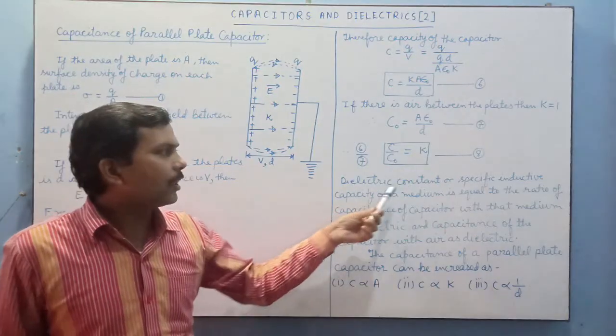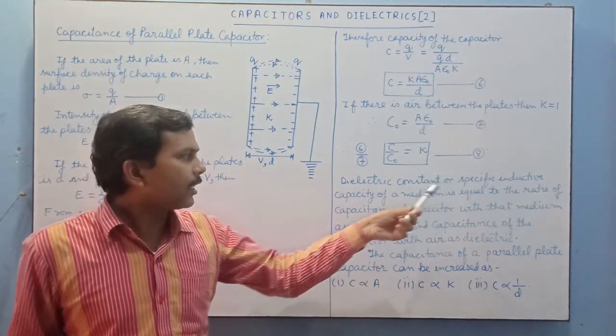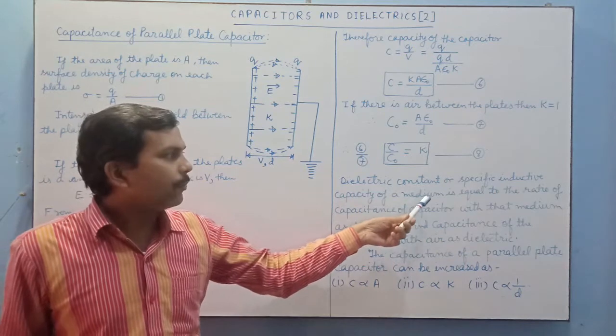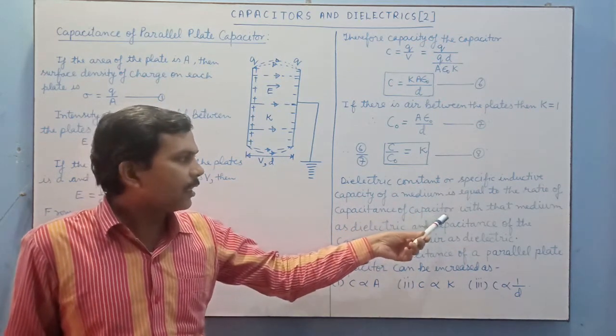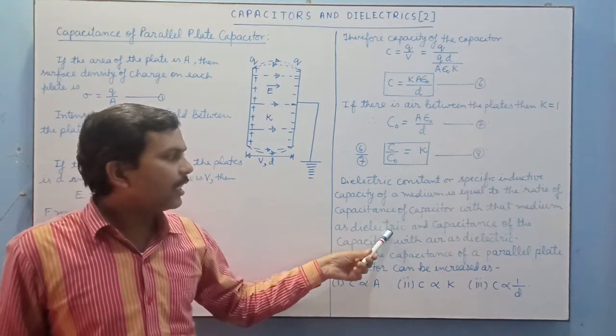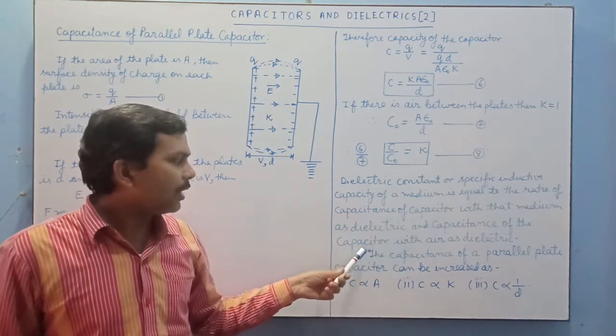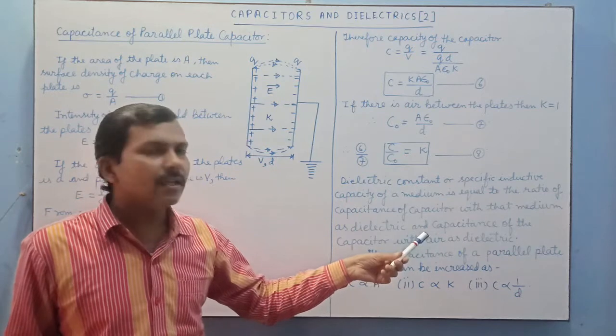So the dielectric constant or specific inductive capacity of a medium is equal to the ratio of capacitance of the capacitor with that medium as dielectric and the capacitance of the capacitor with air as dielectric.